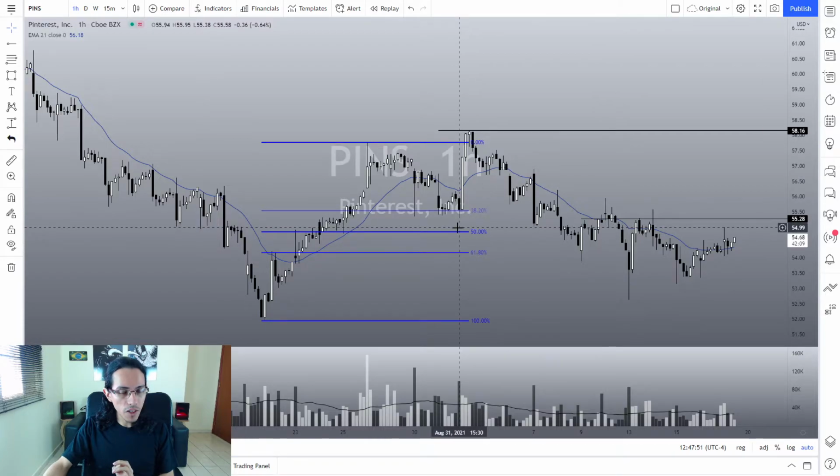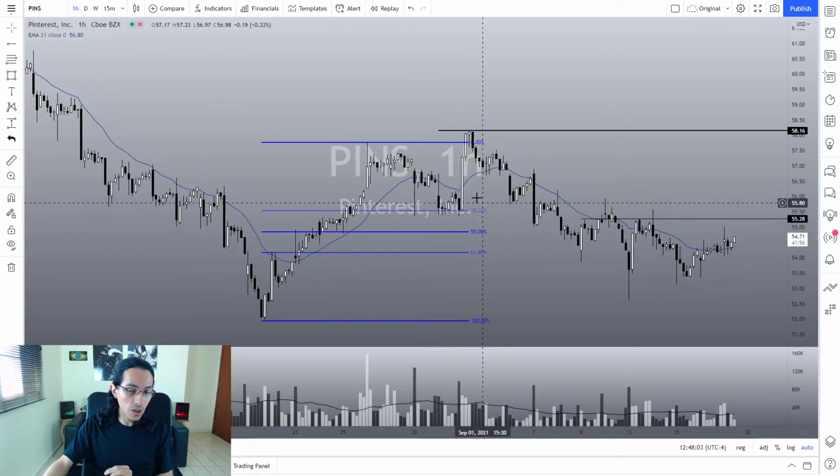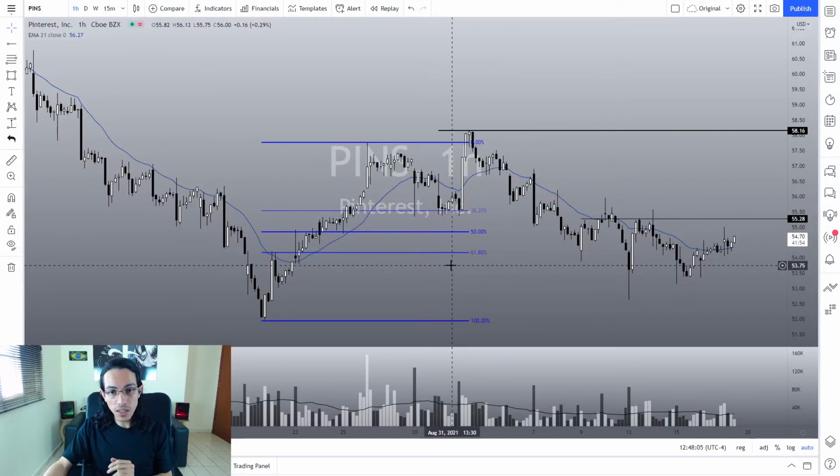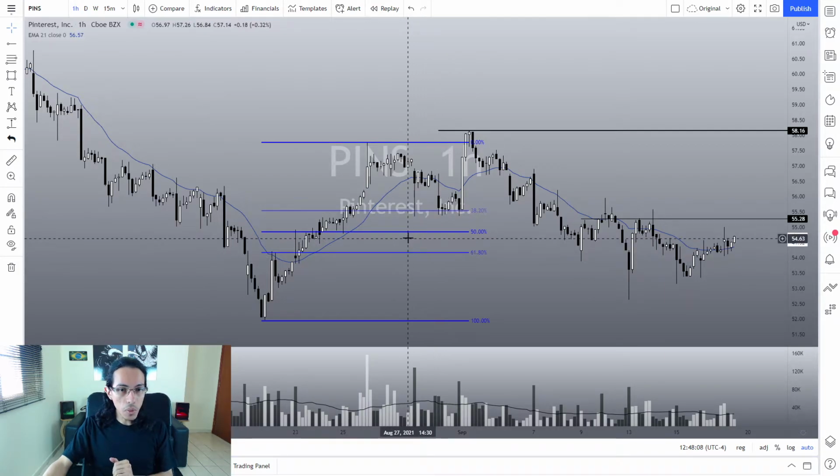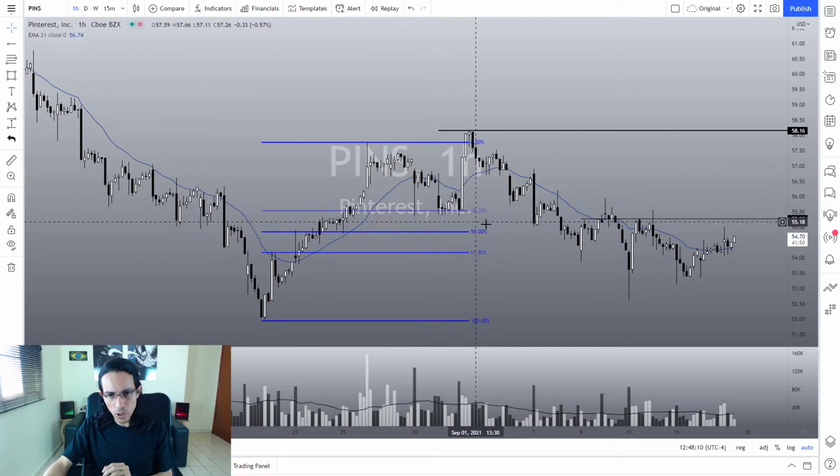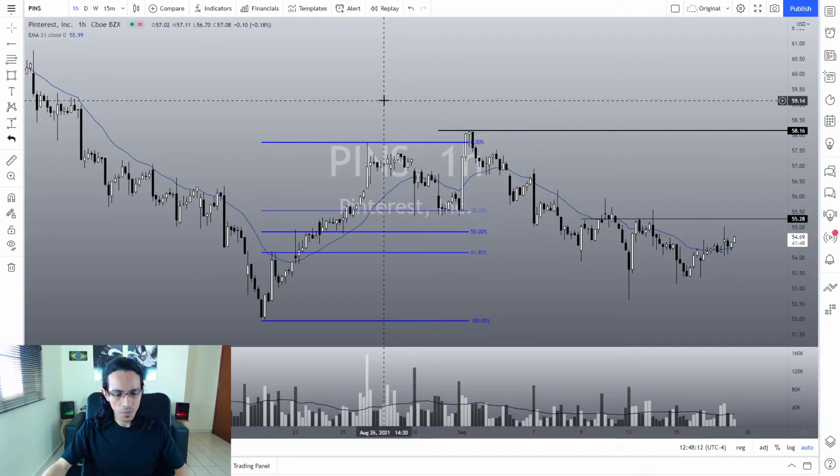But if the pullback is sharper than usual, if the stock is losing momentum, 61.8% retracement. This is the level you are going to work with. One of these 3 levels usually works. They usually work pretty nicely, but if the momentum is pretty strong, usually the 38.2 is going to be retested and this is it, okay?